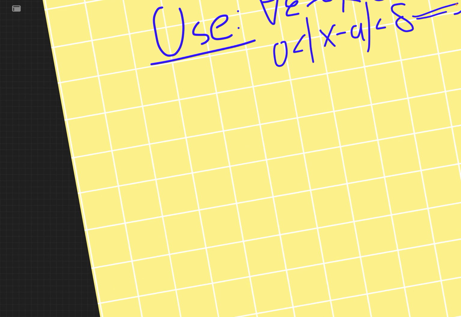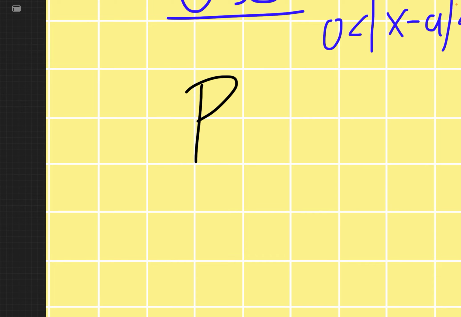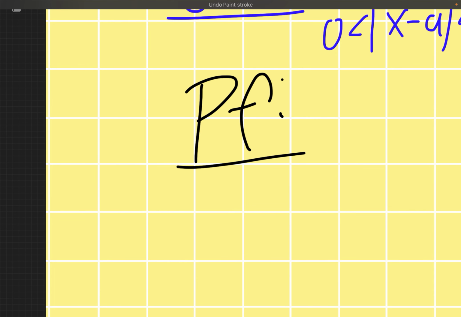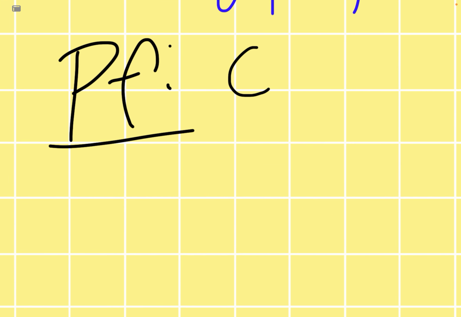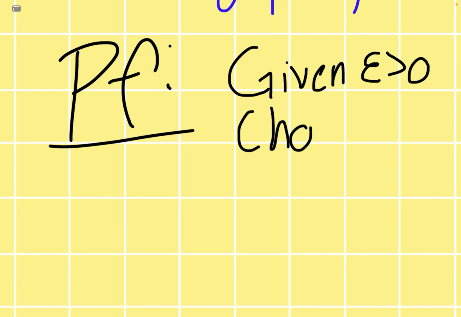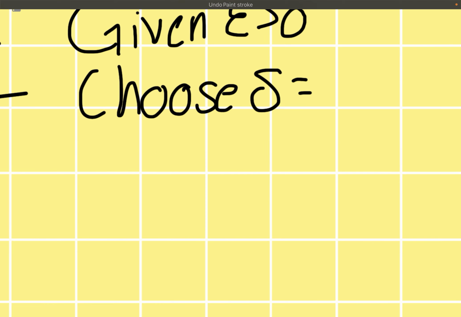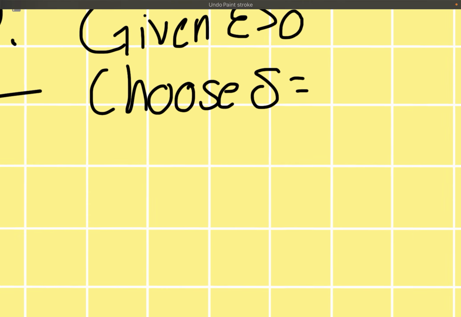So here's the deal. We are going to write down a P and an F, and then we're going to say, given epsilon greater than 0, choose delta to equal... What does delta equal? We don't know. We'll leave that for later, right? So just keep that in mind.